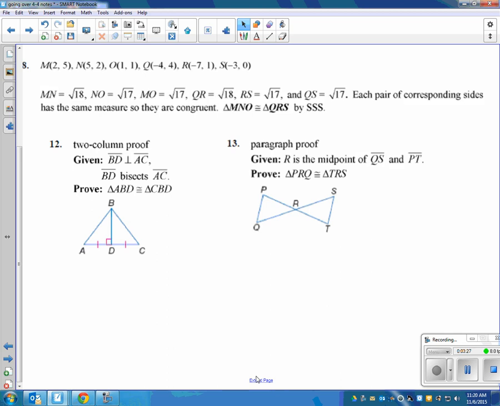Well, you did the given wrong, and then you need to say in here that AD is congruent to CD by definition of a bisector or by the midpoint theorem. So you have to remember to restate the given the way it's given, and then make statements from that. Does that make sense?